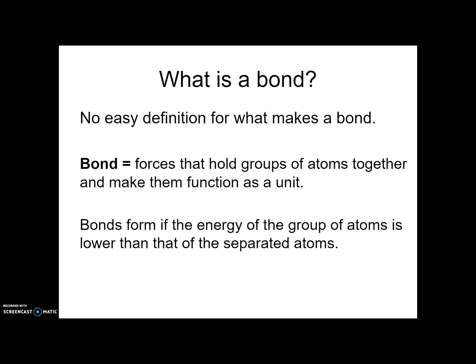So the sum total of the available energy is always going to be lower at the end of a spontaneous reaction than at the beginning of it. The same idea holds true for forming a bond. You're releasing energy when you form a bond.